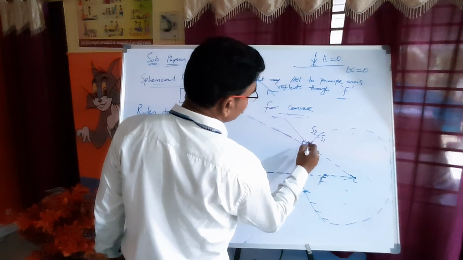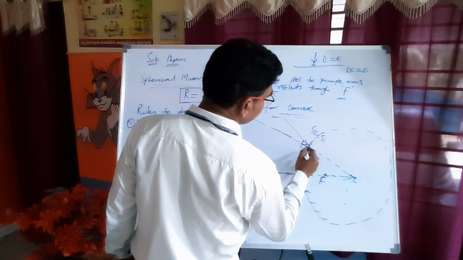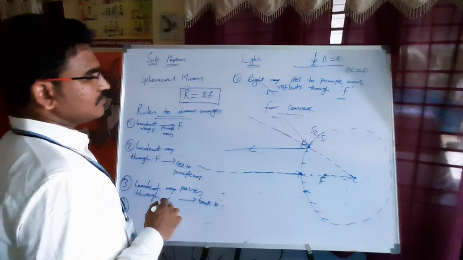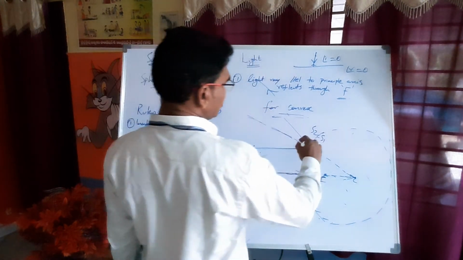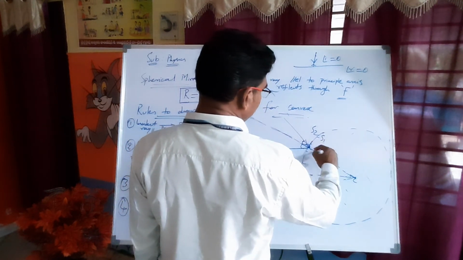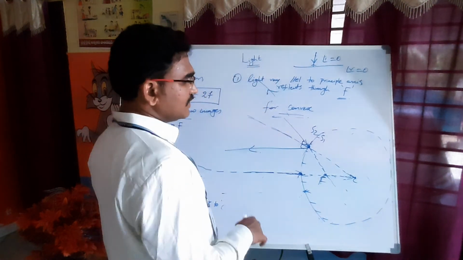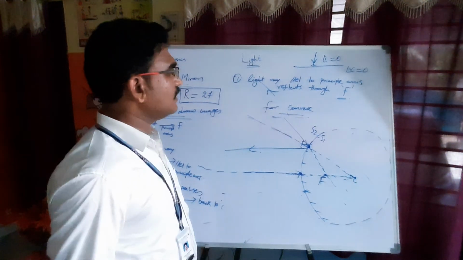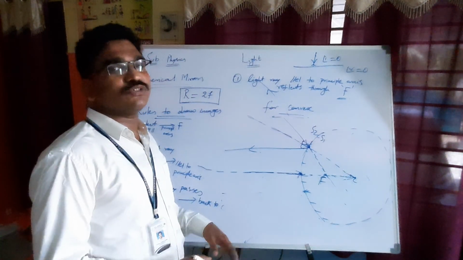This is the angle of incidence, so take the same angle of reflection. Like this. It means the incident ray, when directed towards the principal focus, will reflect parallel to the principal axis. This is how light rays reflect on spherical mirrors. Thank you.